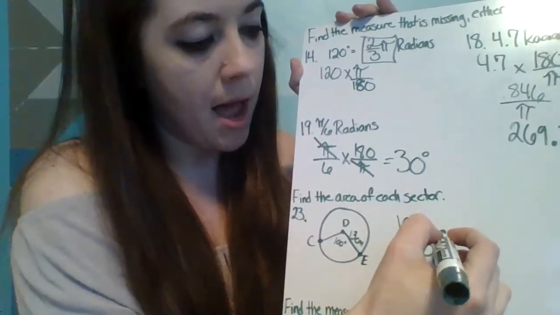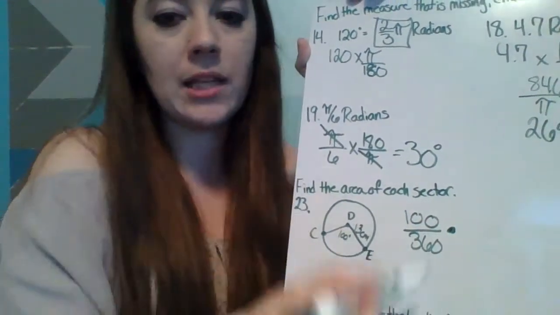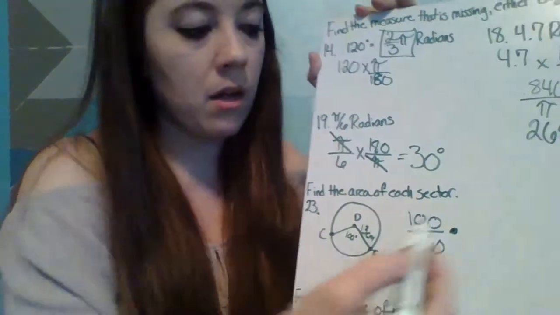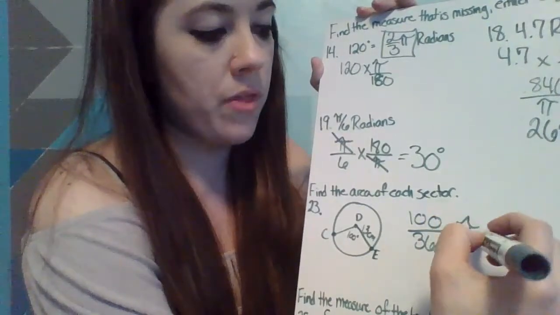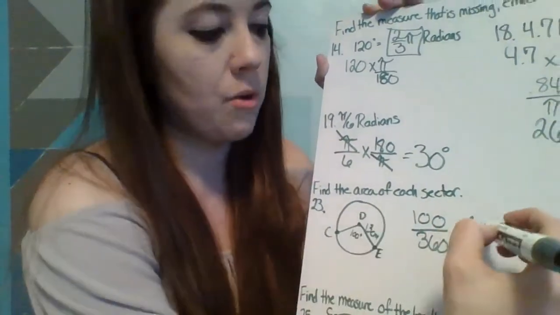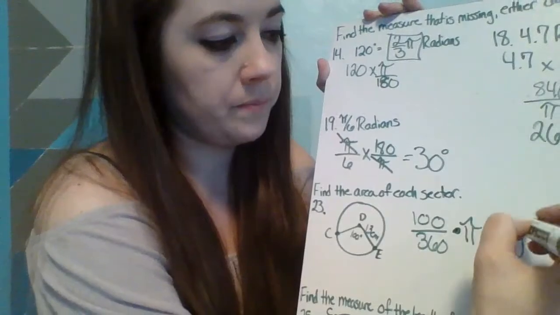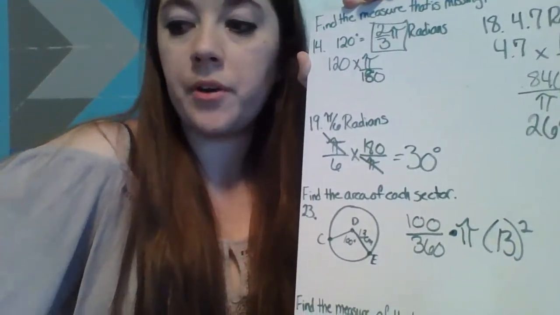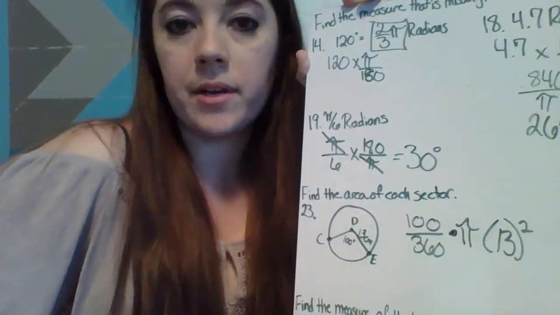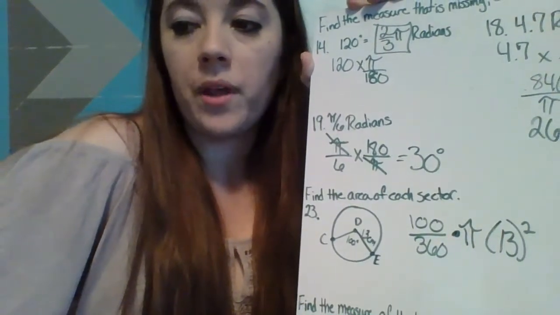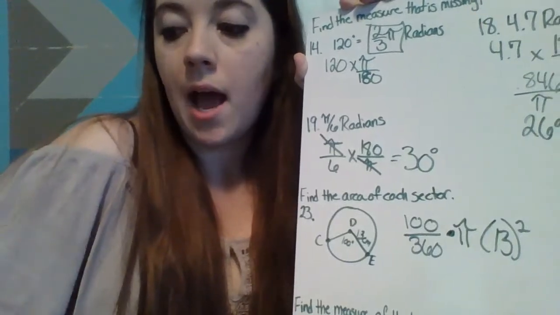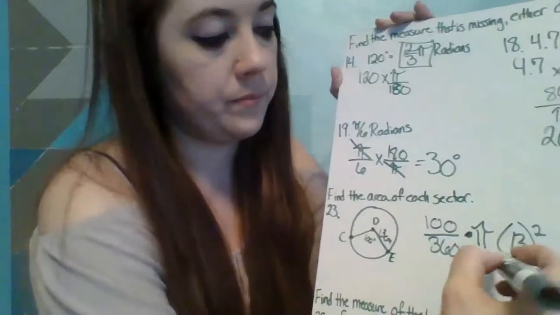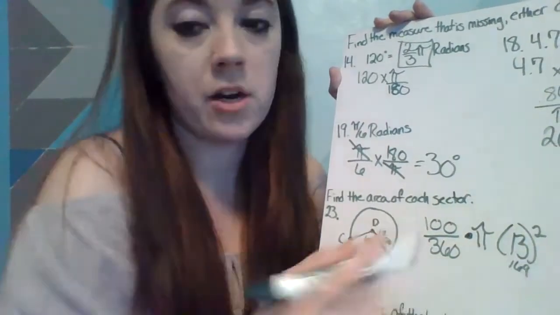Then we multiply it by, well, if we were finding the area of the circle, we just do 13 squared times pi. So that's what we do. That's how we find the area of the sector. So pi 13 squared. So now we take 100 and divide it by 360, and we have 5/18, and then we're going to multiply that by, well, what's 13 squared? 169.